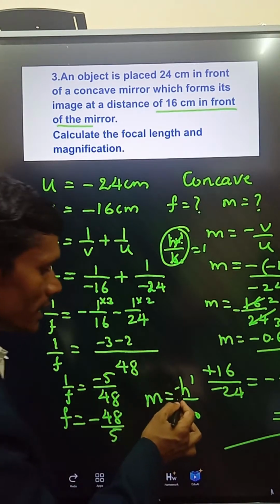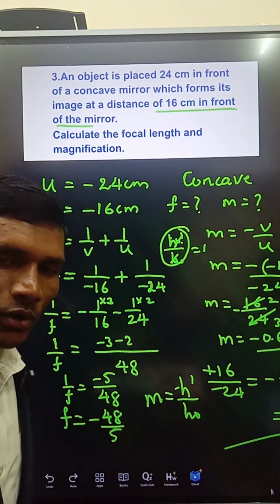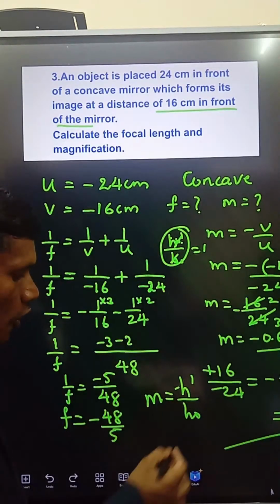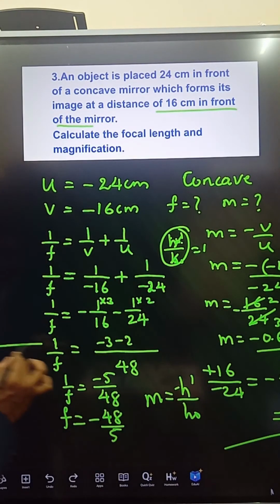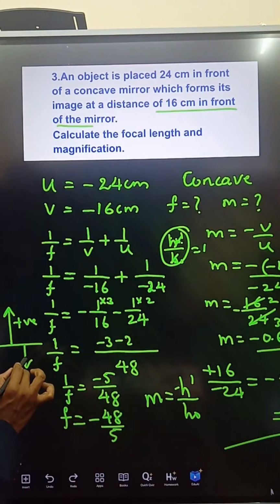If one value is negative, the entire magnification becomes negative. Object height will always be taken as positive, because we are measuring it above the principal axis. Only if the image is real and inverted does this value come negative. Remember, I hope it is visible to you all.